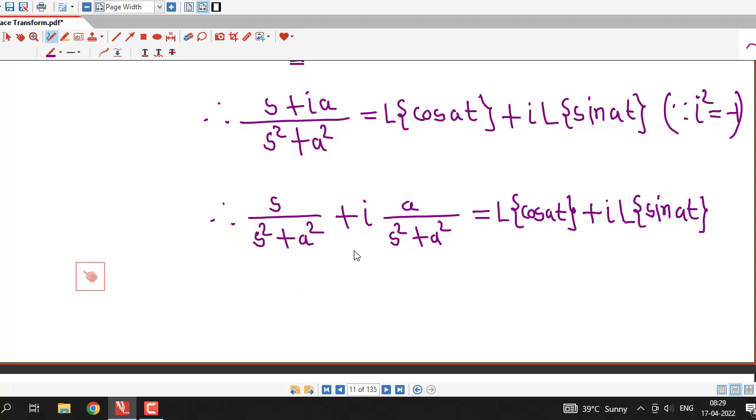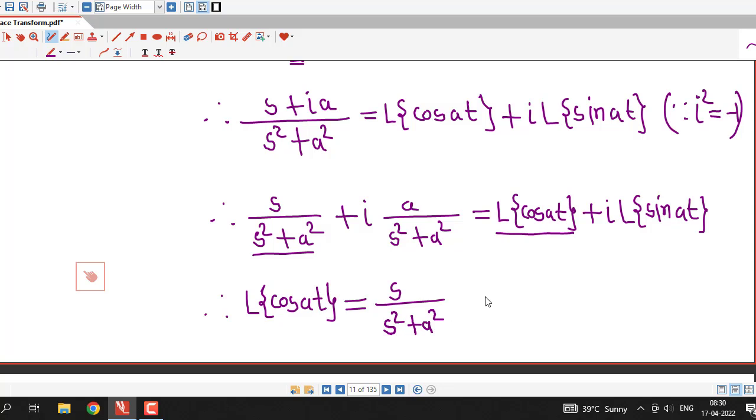Now we can see we have two complex numbers which are equal, and we know that two complex numbers are equal if their real parts and imaginary parts are equal. The real part of this complex number is Laplace transform of cos at, and the real part of this complex number is s divided by s square plus a square. Therefore, we obtain that Laplace transform of cos at is equal to s divided by s square plus a square.